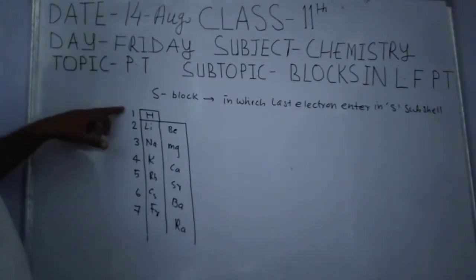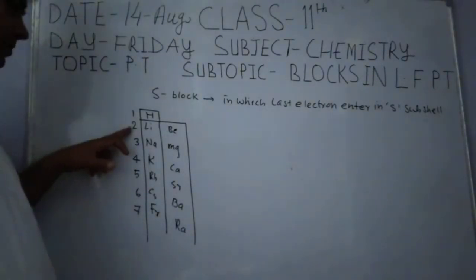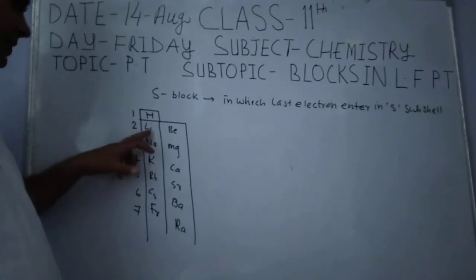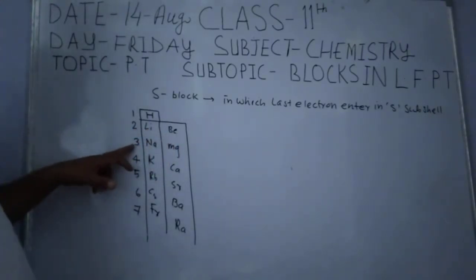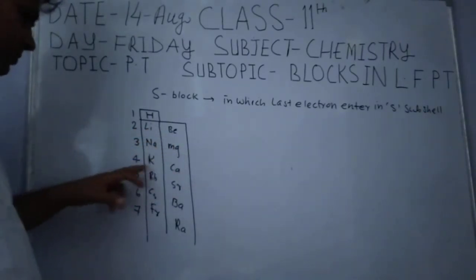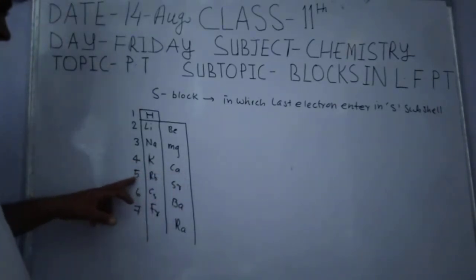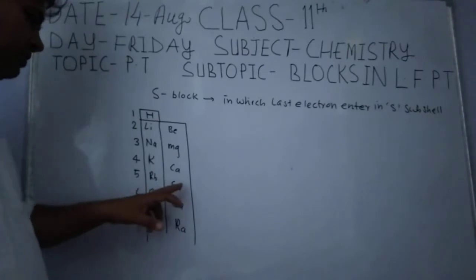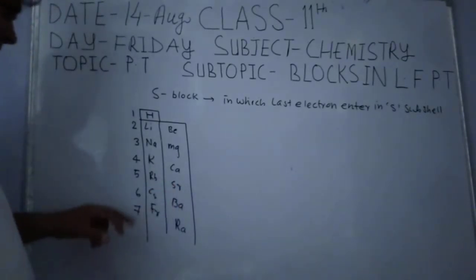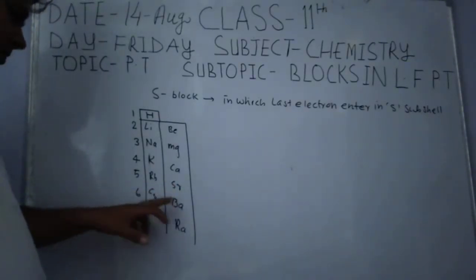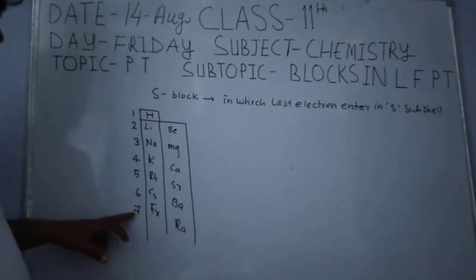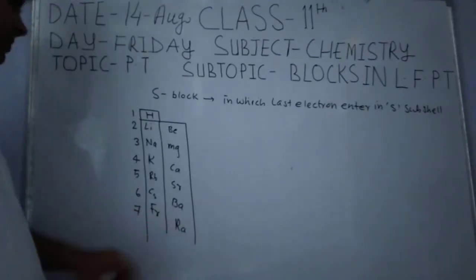In first period the element is hydrogen, second period in S block that is lithium and beryllium, third period in S block that is sodium and magnesium, fourth period in S block that is potassium and calcium, fifth period in S block that is rubidium and strontium, and sixth period cesium and barium, and seventh period francium and radium.